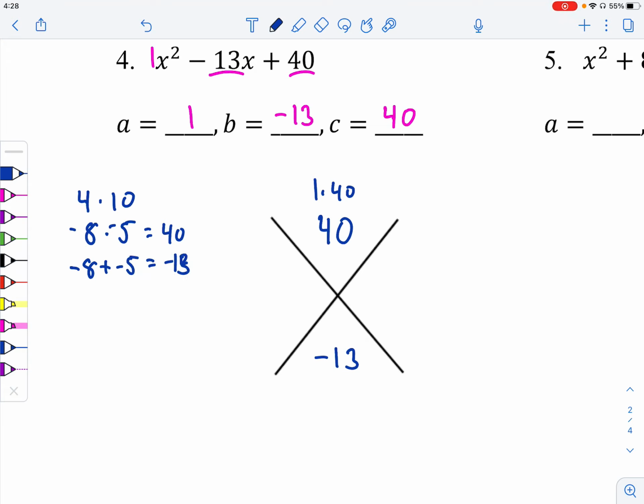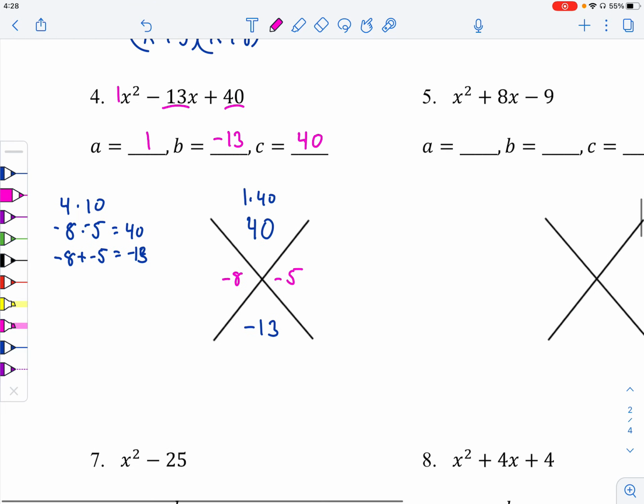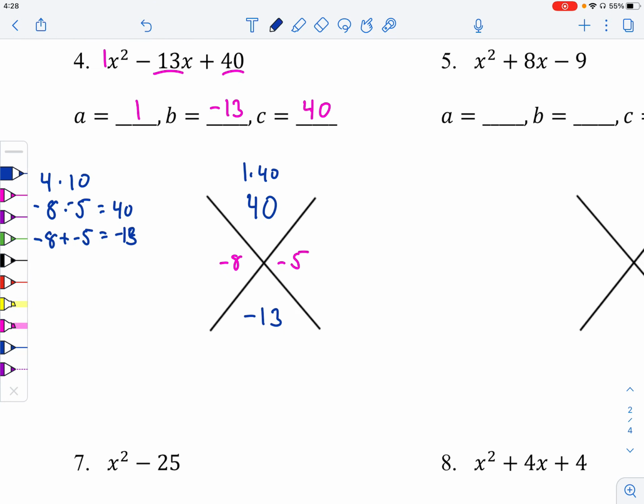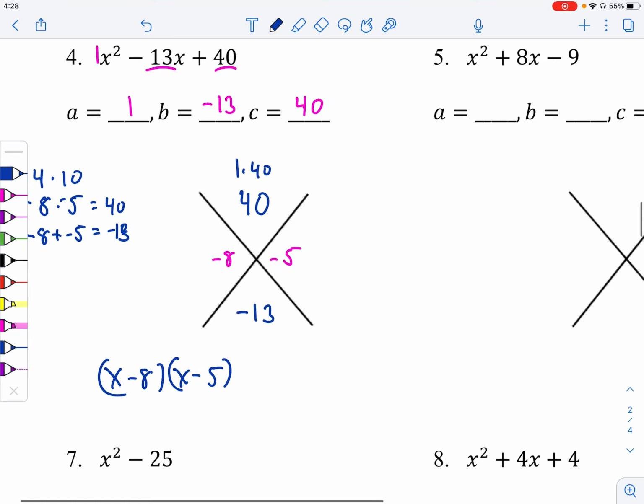That works. So our two numbers are negative 8 and negative 5. And for this, if we were to write factors, it would be x minus 8, x minus 5. We'll get to that. We just find numbers for now.